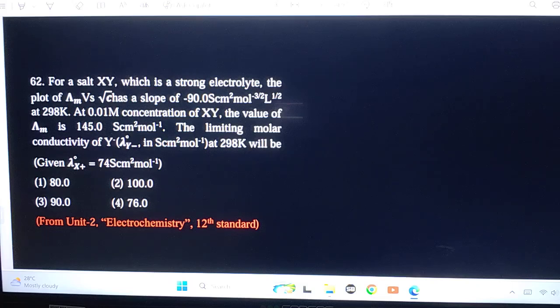At 0.01 molar concentration of XY, the value of lambda molar is 145.0 Siemens centimeter square mole to the power of minus 1. You have to find the limiting molar conductivity of Y minus, lambda standard Y minus, in Siemens centimeter square mole to the power of minus 1 at 298 Kelvin. Lambda 0 of X plus is given.